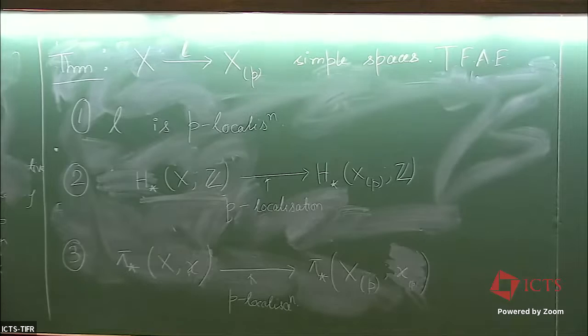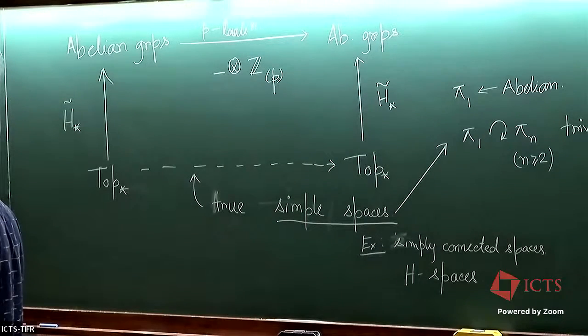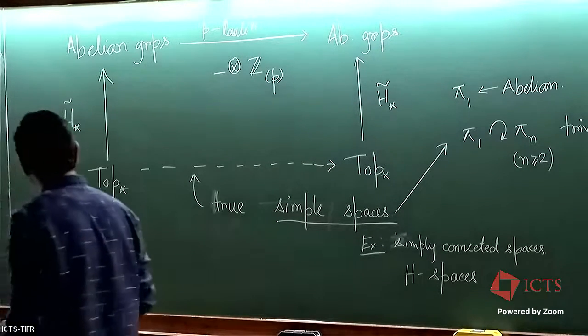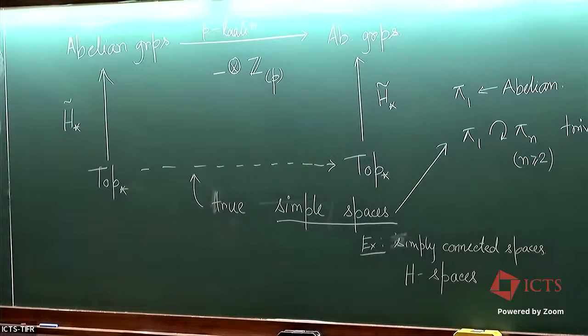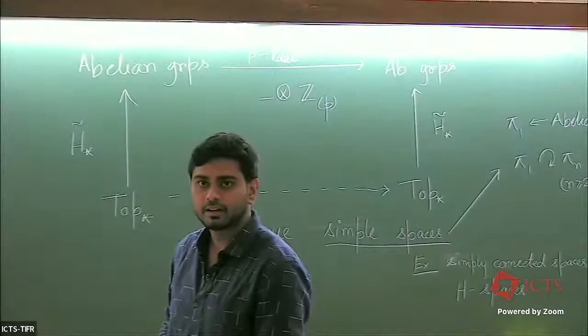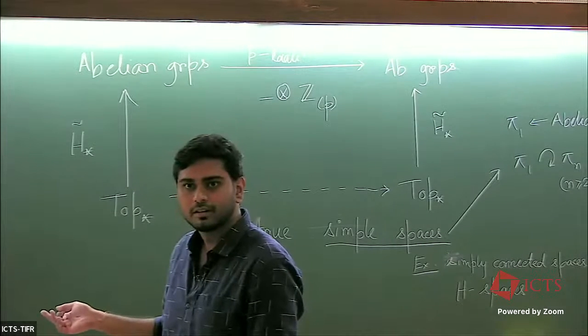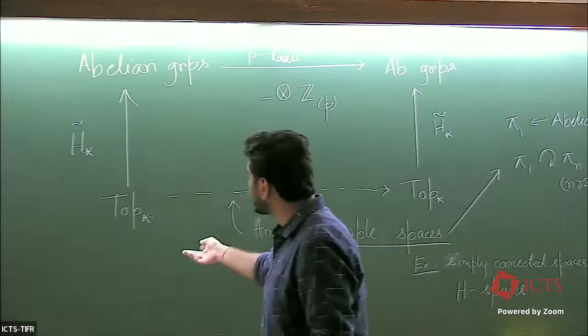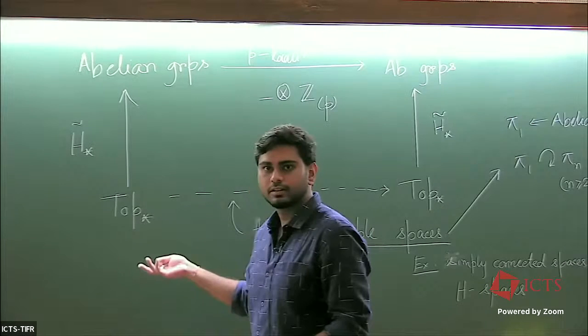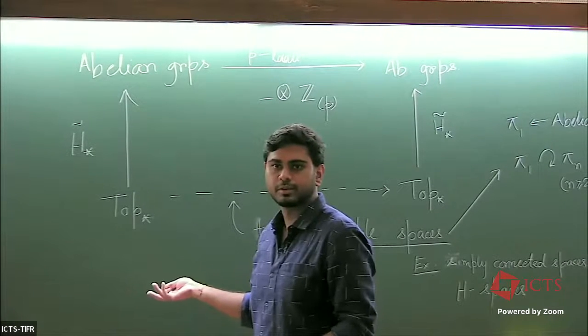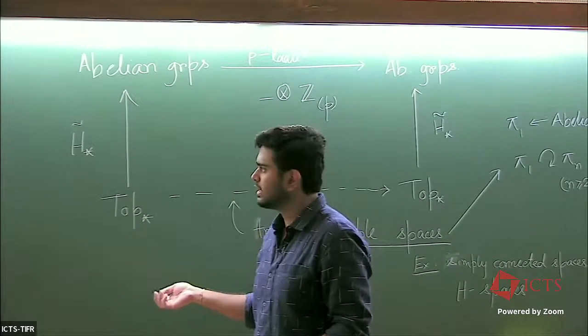Ideally we will be working in the category of compactly generated weakly Hausdorff spaces, but let's not go there. We can take the spaces to be homotopy equivalent to CW complexes if you prefer. That's not a requirement.